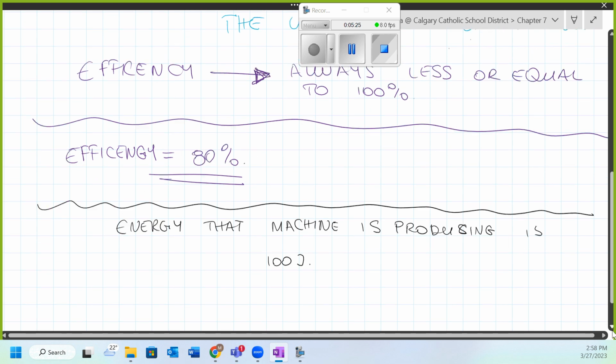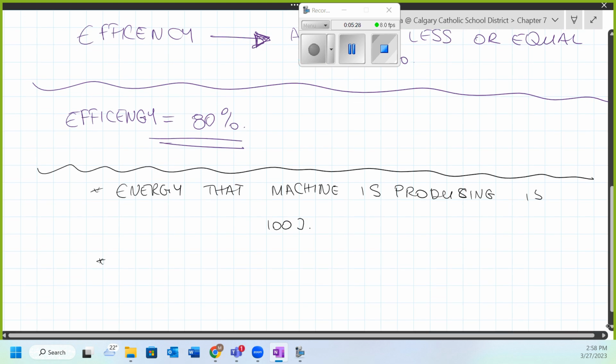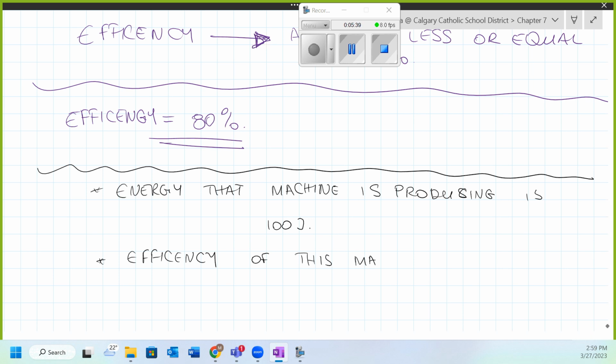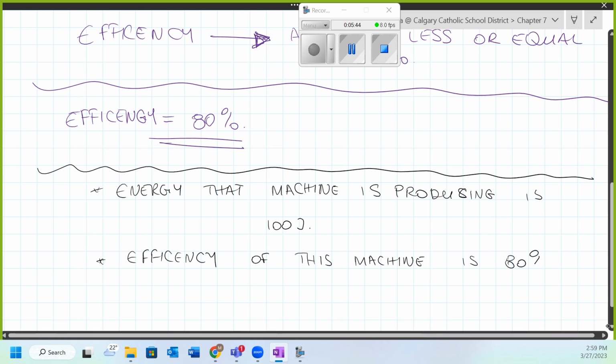If the efficiency of this machine, which may be a simple machine or not, is 80%, that means that the work done on the object is only 80 joules.